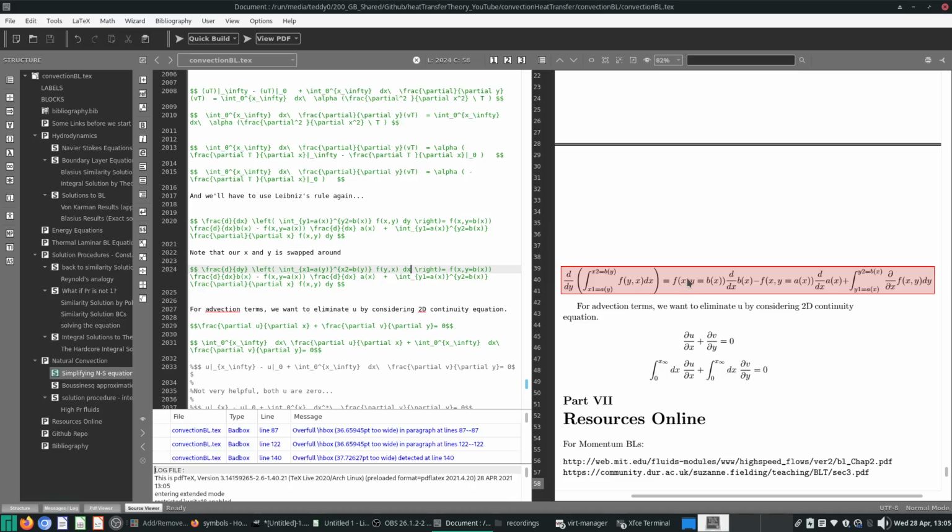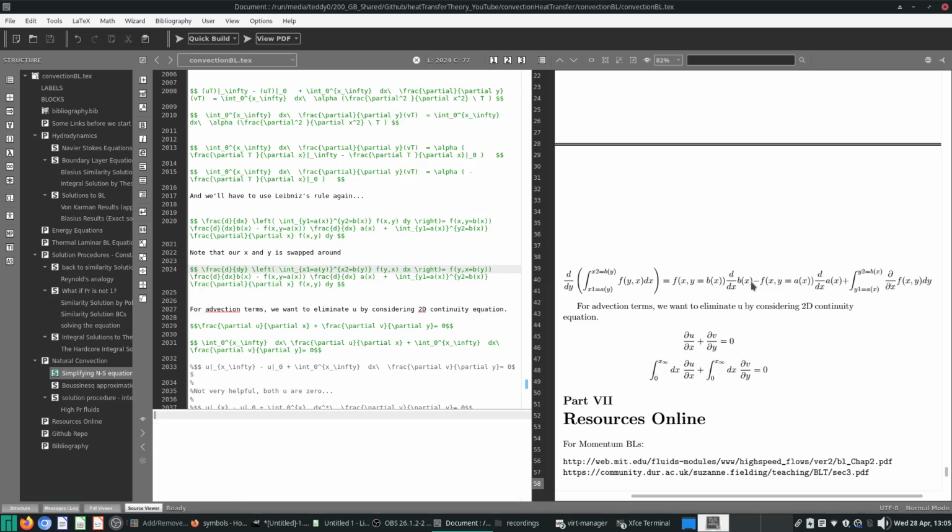Then I'll just swap the x and y here. A little bit tedious. So f(y,x), and then d/dy of b(y). This one will be f(y,x). X will become y, y will become x.